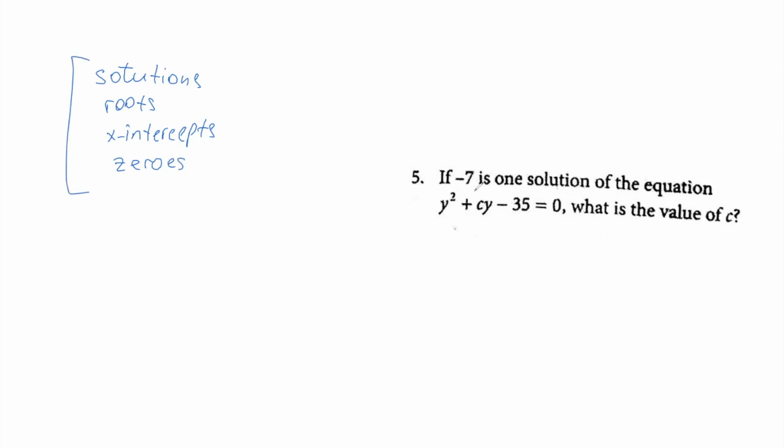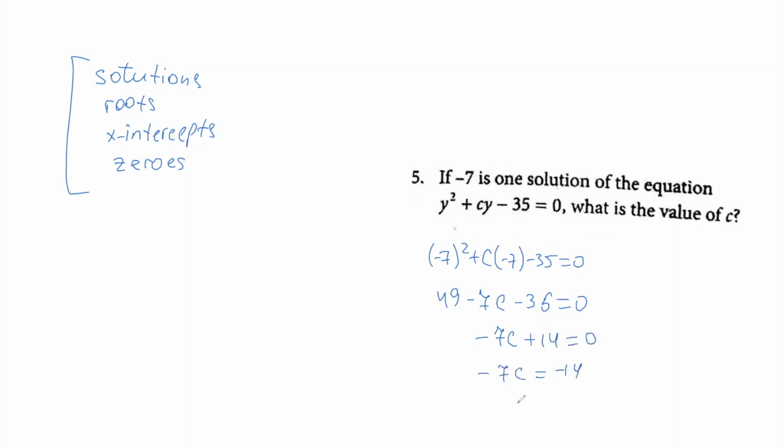So let's substitute minus 7: minus 7 squared plus c times minus 7 minus 35 equals 0. Let's find c. 49 minus 7c minus 35 equals 0. So minus 7c plus 14 equals 0. Minus 7c equals minus 14, and c is 2.